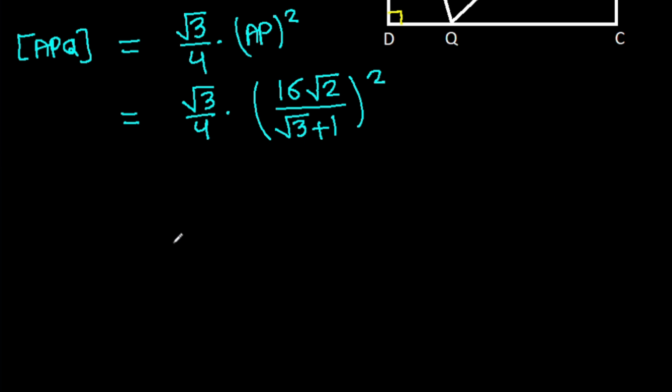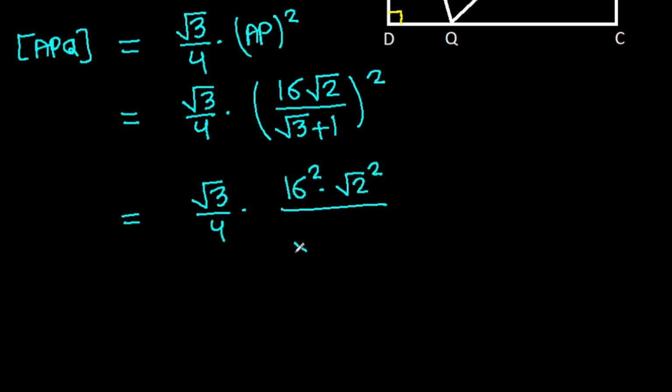And it is root 3 over 4 times 16 squared times root 2 squared over root 3 plus 1 squared.